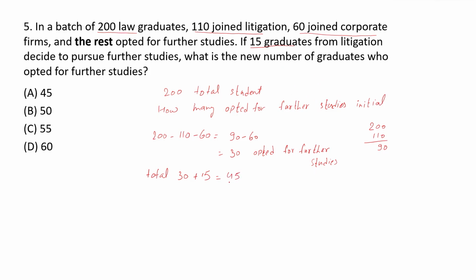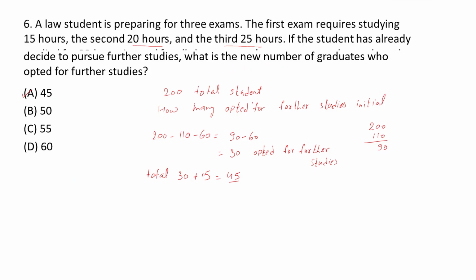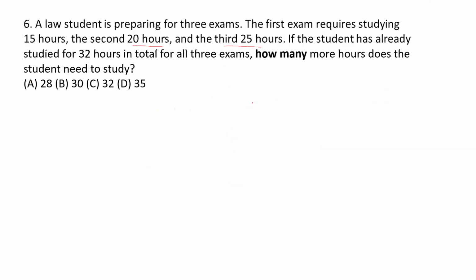So it becomes 45. So option A is correct. So initially 200 were there. Out of those 200, 110 goes for one thing, 60 goes for other thing, rest goes for further study. So that is 30. And then 15 also goes for further study, so 30 plus 15.